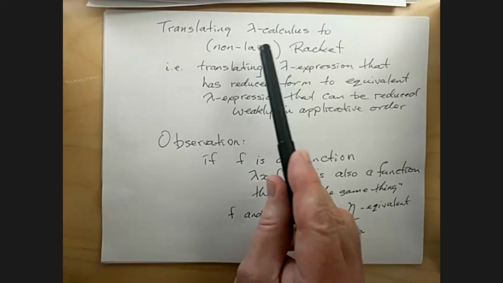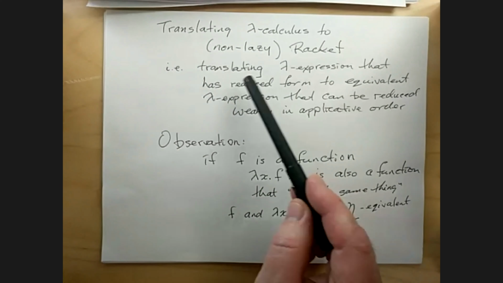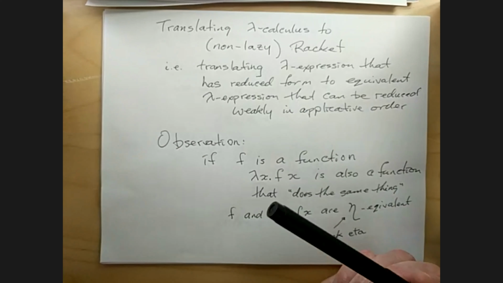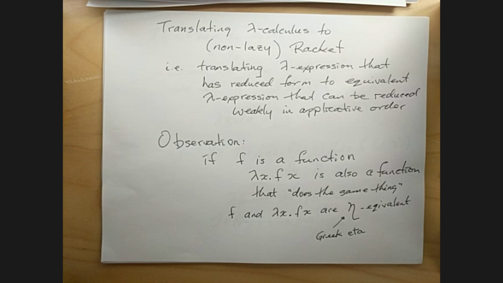What if we don't want to translate back into lazy Racket? What if we want to translate back into good old-fashioned applicative order Racket? Well, it turns out we can do that. We can do that by making the following observation.